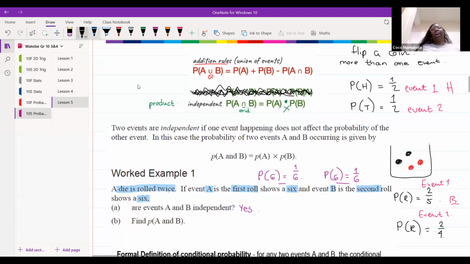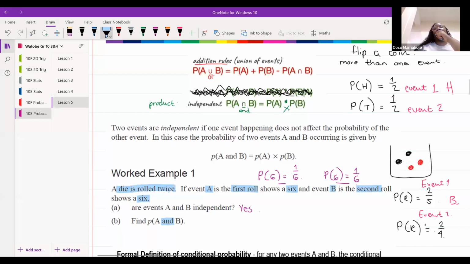Now, our question says, find the probability of A and B. When we look at "and", which rule are we using? The addition rule or the multiplication rule, I'm sorry, the product rule?